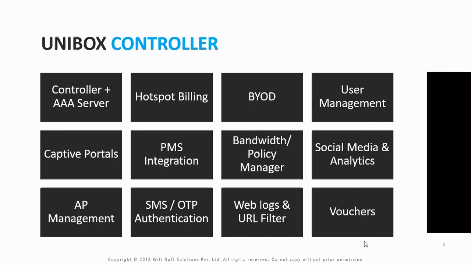It also provides URL filtering or web filtering function. Lastly, it provides a comprehensive voucher management system that can be used for your network. So as you can see, it provides a complete set of features that you require to run any wired or wireless network and enforce authentication and policies on it.